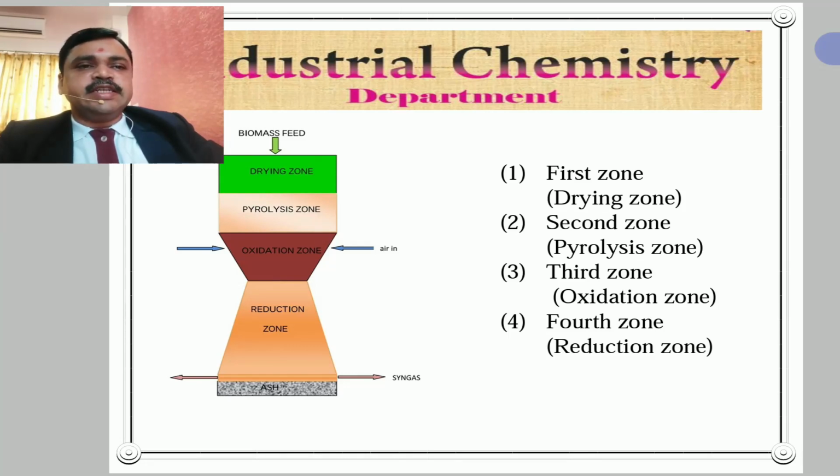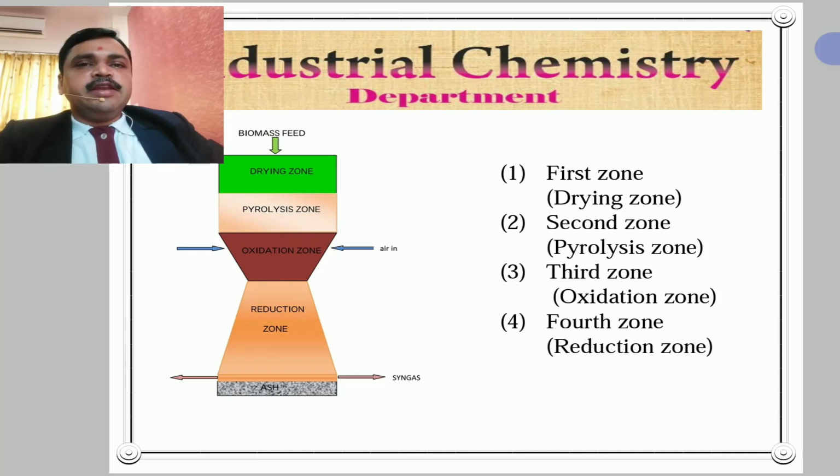And the last one is the fourth zone, the reduction zone, where the reduction process takes place. So in the downdraft gasifier there are four main parts: first is the drying zone, second is the pyrolysis zone, third is the oxidation zone, and last is the reduction zone.